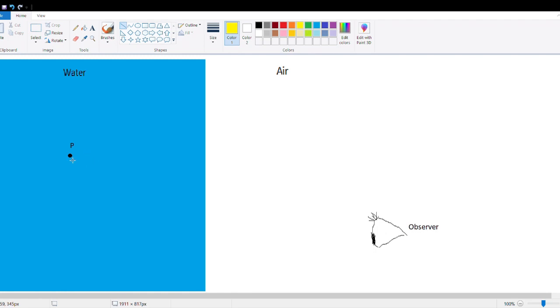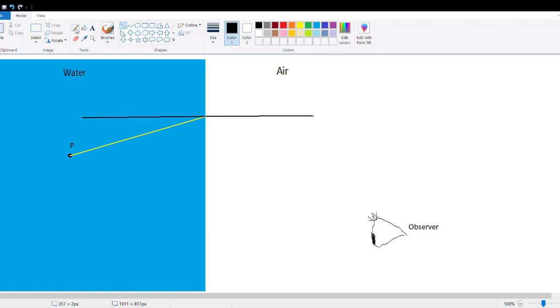For example, when we have a ray that goes out like this, then we have a normal that we can draw at this point, and on the other side as well.